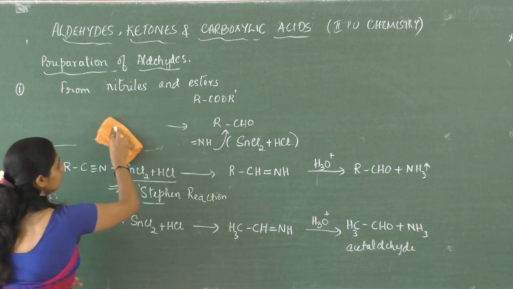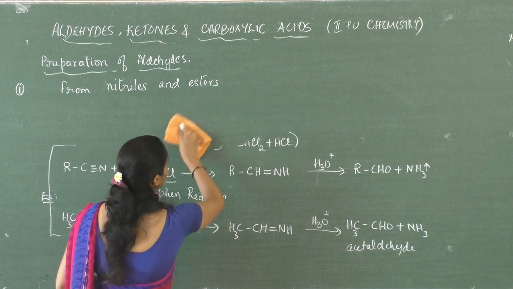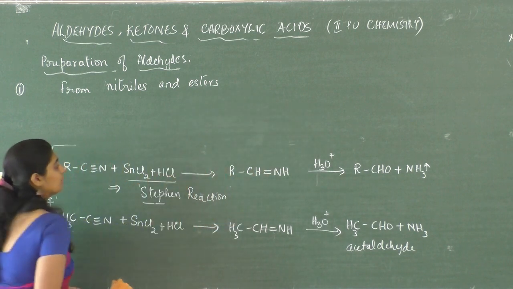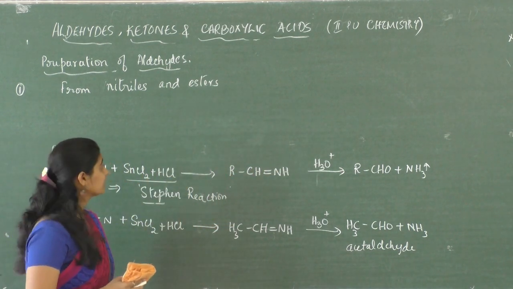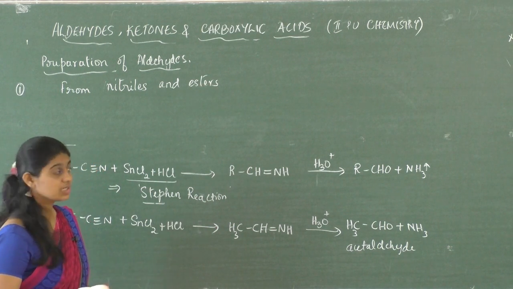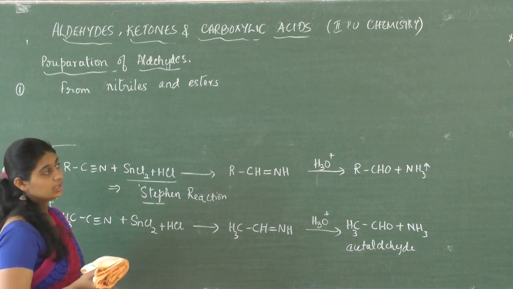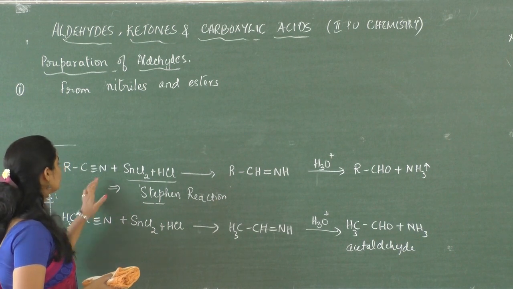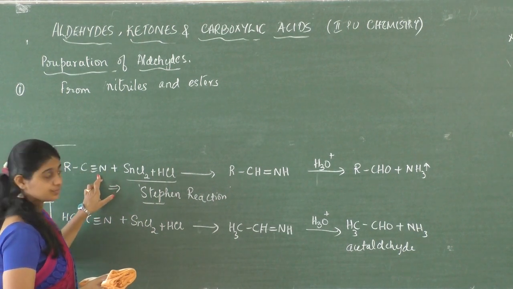So we have one more reagent by the use of which controlled reduction occurs. That means even if there are two functional groups, it only reduces the cyano group.